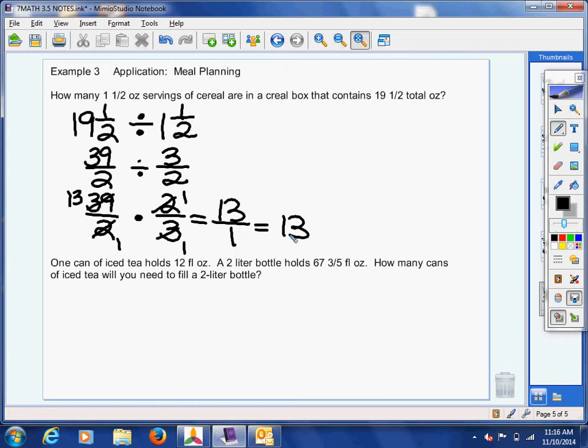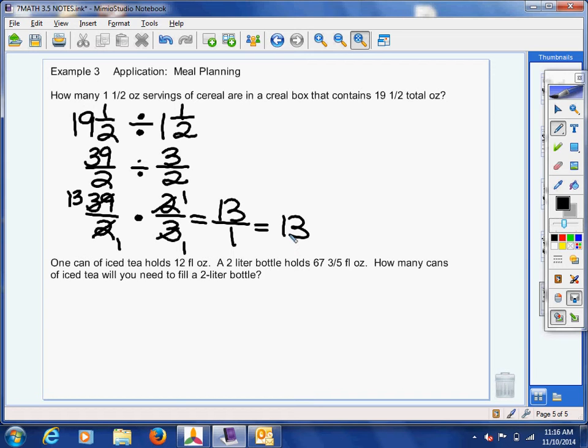So, in other words, if I had an empty 2-liter bottle, how many times would I empty my 12-ounce can into it and fill it up? That's what I'm asking. So what's the big total amount that we want to divide into smaller sections?